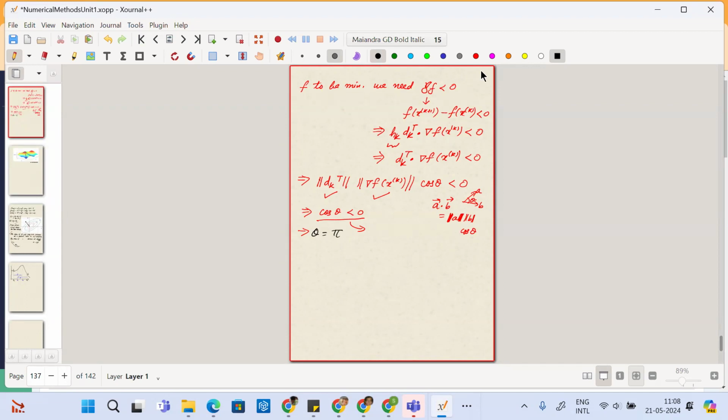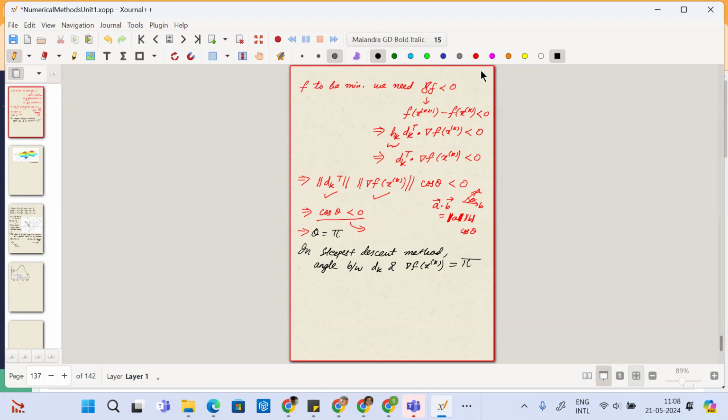Therefore, in the steepest descent method, we need to have the angle between them. So what is this theta? This theta is the angle between dk and grad fk, isn't it? Yes, and that is equal to pi.